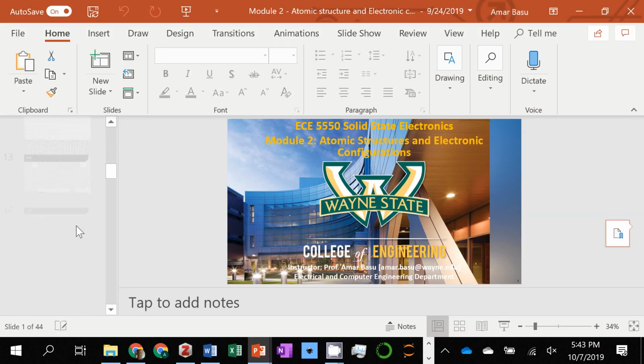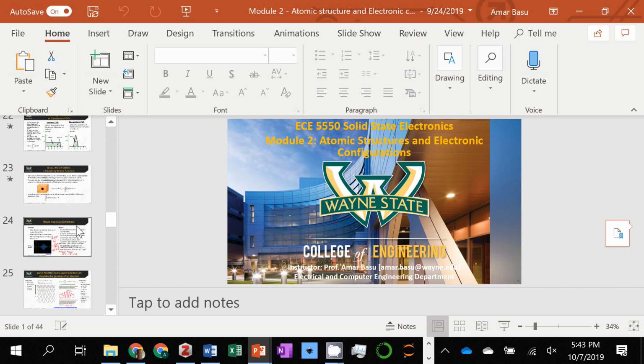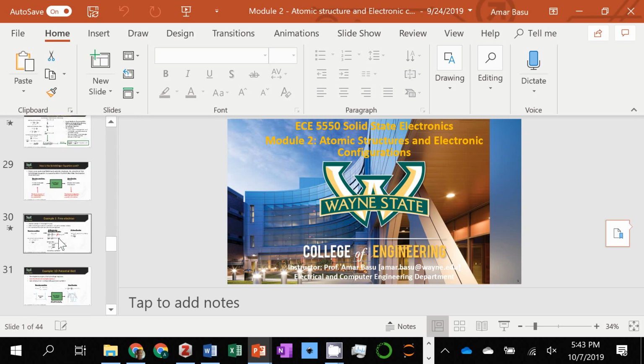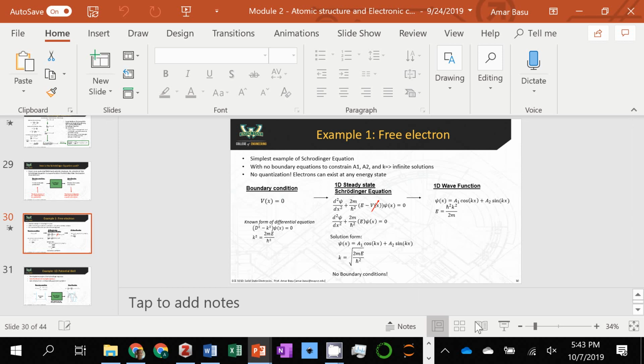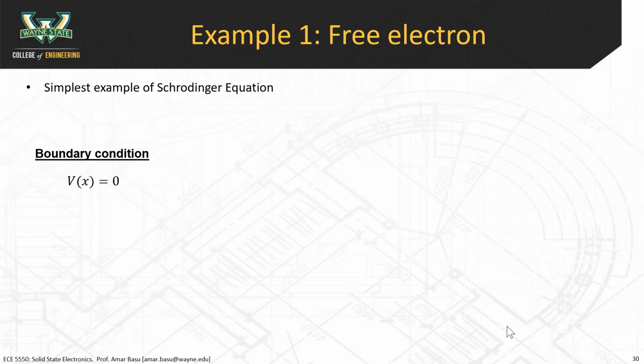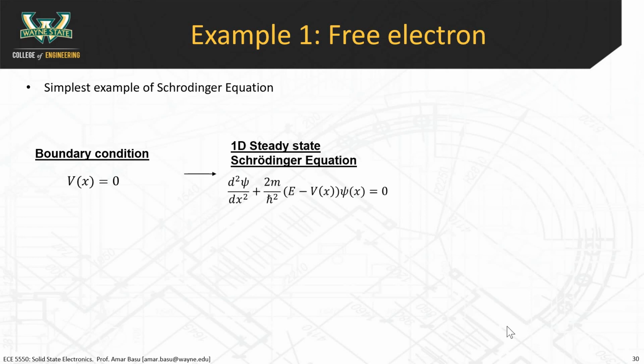We solved the Schrodinger equation, if you recall, for a very simple example, a 1D potential well. We had a boundary condition that went into the Schrodinger equation. We said the potential everywhere is zero.